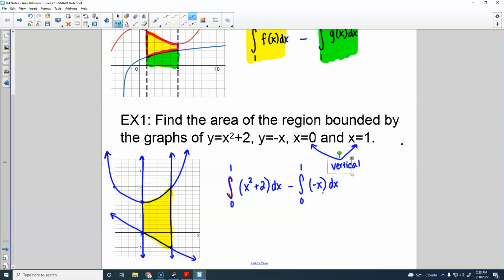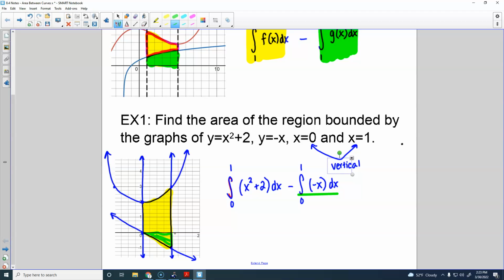So what happens is you do get a negative area right here when you do this integral, because the second part here is actually this negative area.